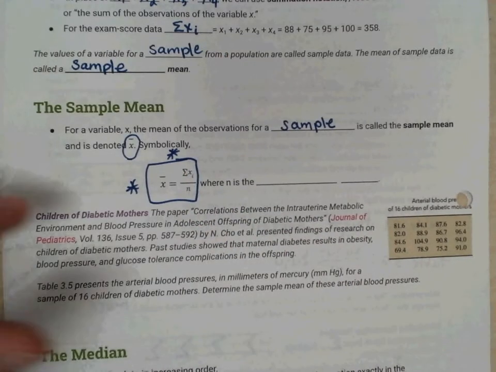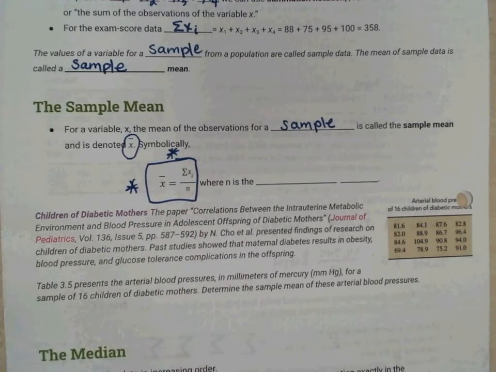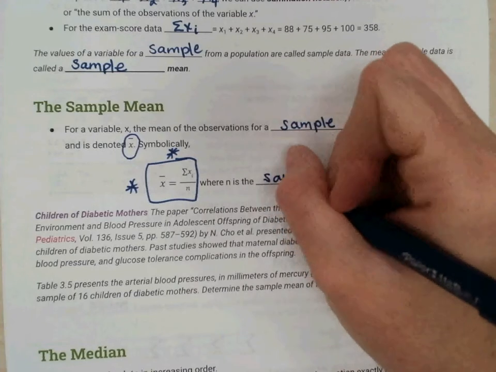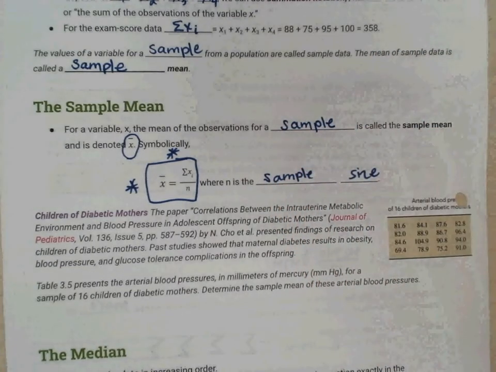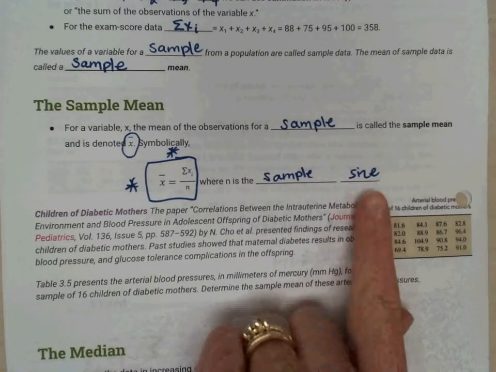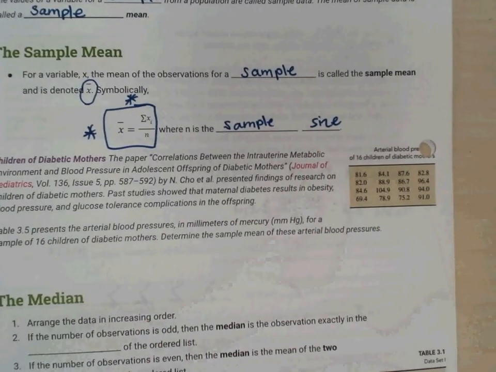X bar is equal to the sum of all the x values divided by n. What's n, you say? N is a number. It's the sample size. That word right there is size, okay? Sample size.